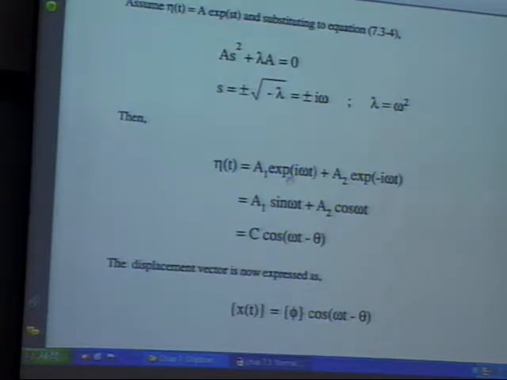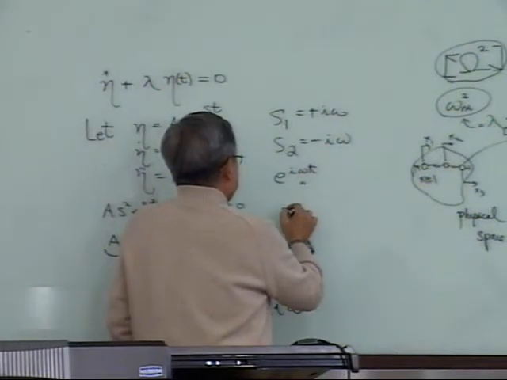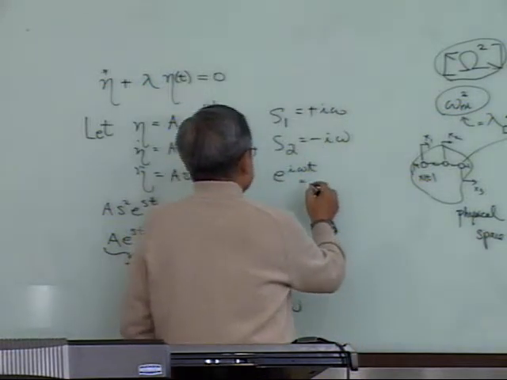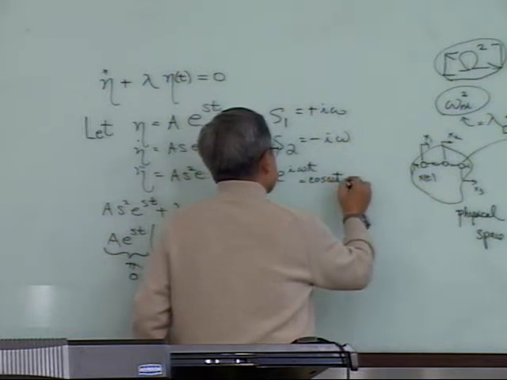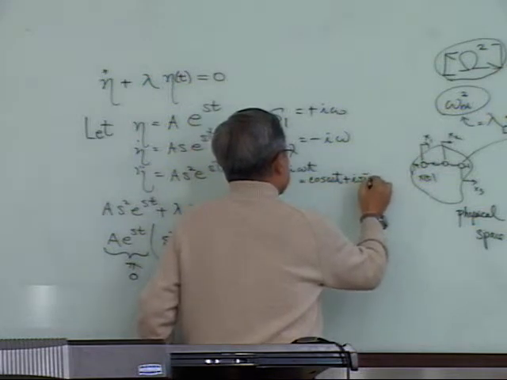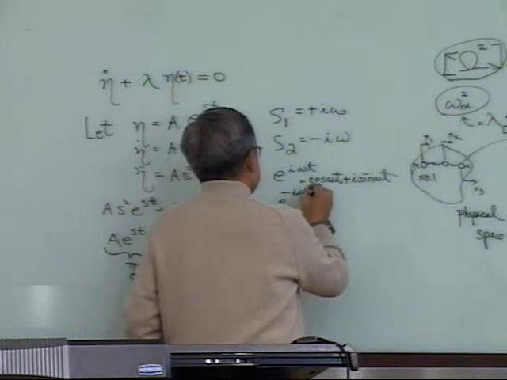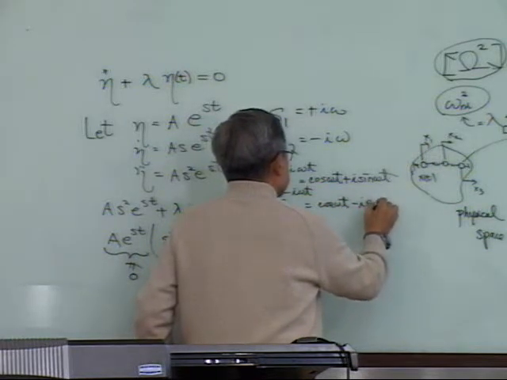The i omega t is sine and cosine, right? e to the i omega t is equal to cosine omega t plus i sine omega t. e to the minus i omega t is cosine omega t minus i sine omega t.